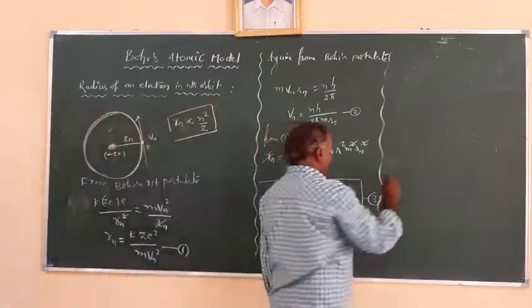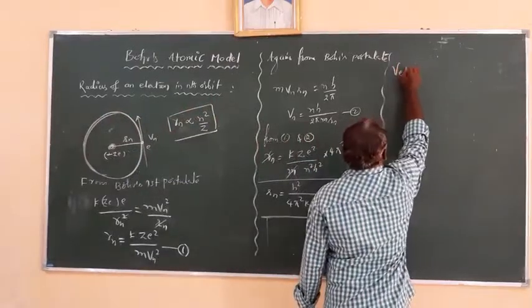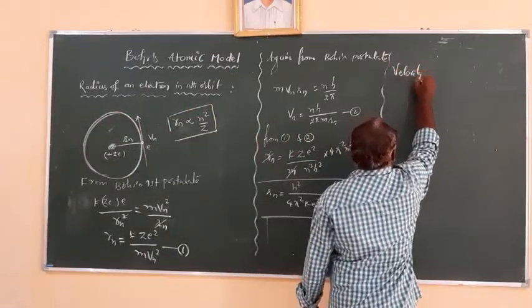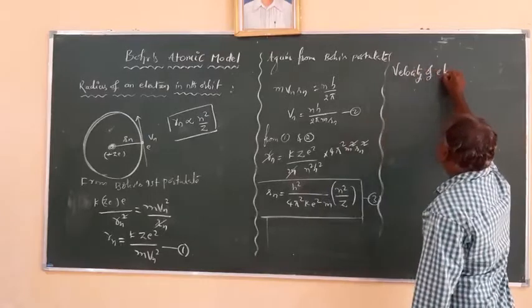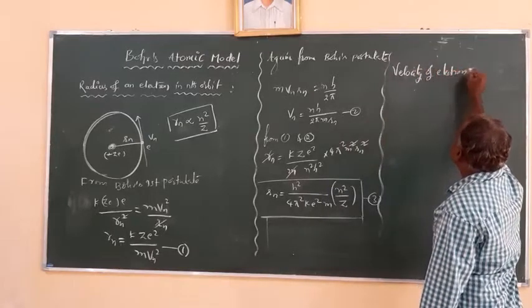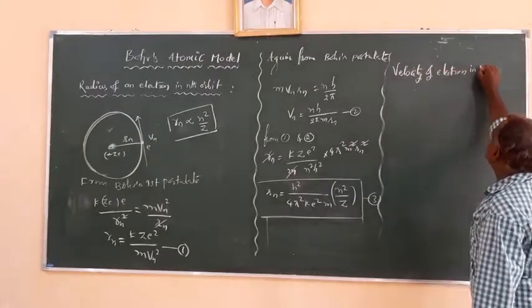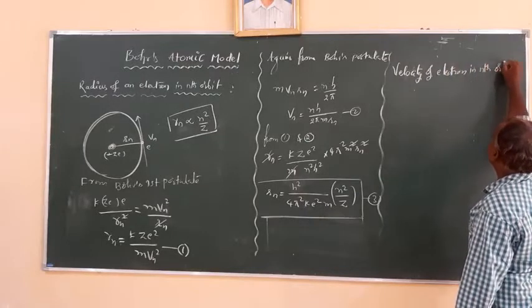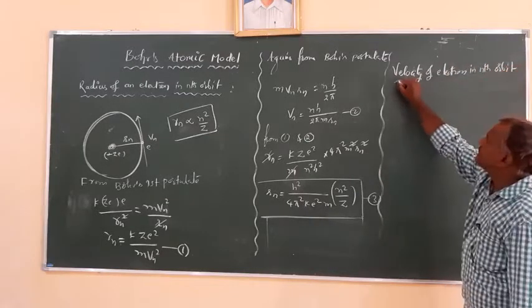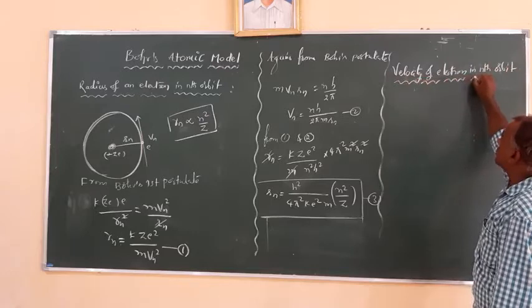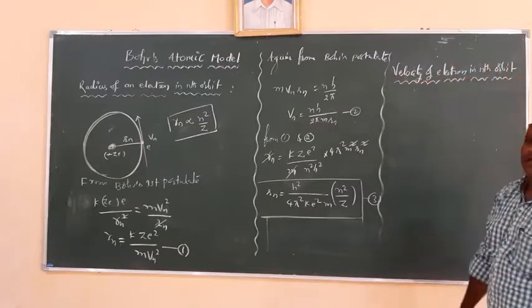Okay. Now here, the velocity of the electron I want to calculate. Velocity of electron in nth orbit. So what is the velocity of the electron which is revolving in the nth orbit?